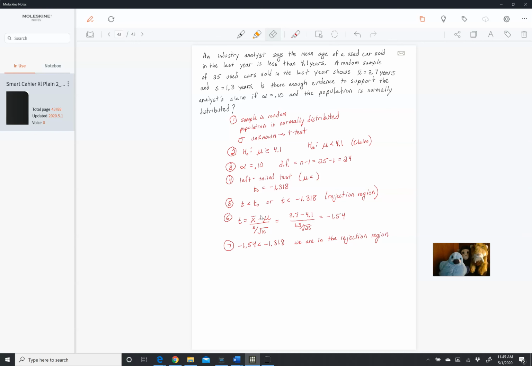And because we're inside the rejection region, we reject the null hypothesis. When we reject the null hypothesis and the claim is the alternative hypothesis, we're saying this is wrong, this is right. So we support the claim.